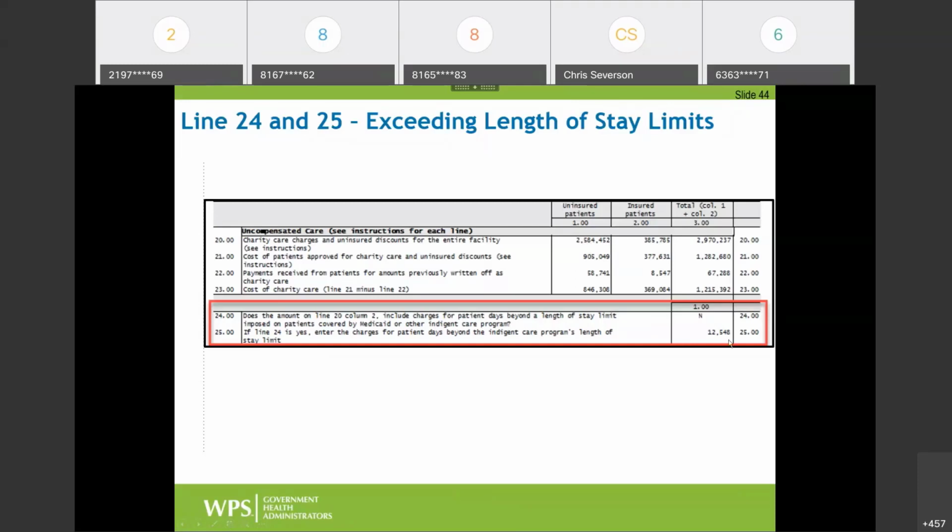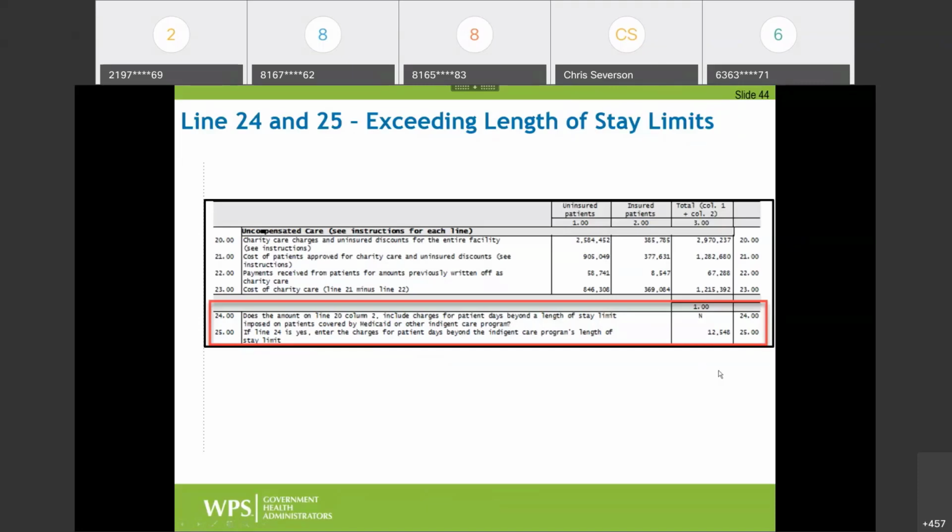I do want to mention that in the current draft cost reporting instructions, which will be effective a couple years from now, they took it to another level and added a line 25.01, basically saying, for any amount for an insured patient that was non-covered for any reason, not just due to the Medicaid length of stay limit, use the same basic mechanism, only now use line 25.01 for those other amounts.